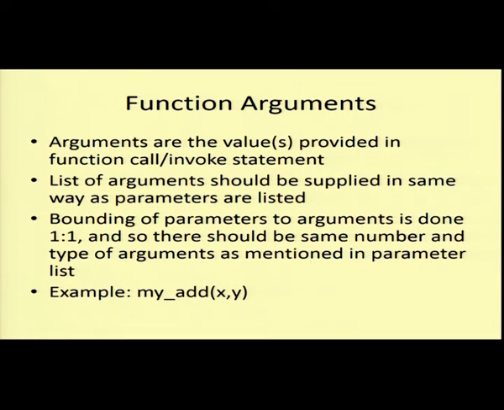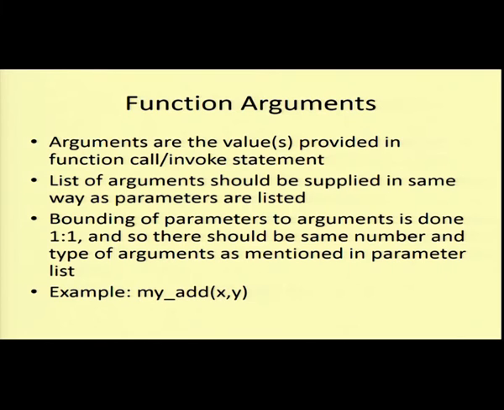Binding of parameters to arguments is done in a ratio of 1:1, so there should be the same number and type of arguments as mentioned in the parameter list. For example, my_add open braces x comma y. So here I need two parameters, so I am giving it as x comma y.